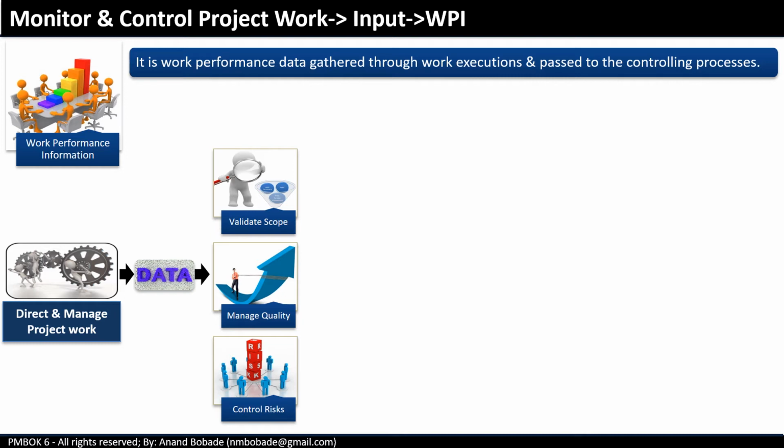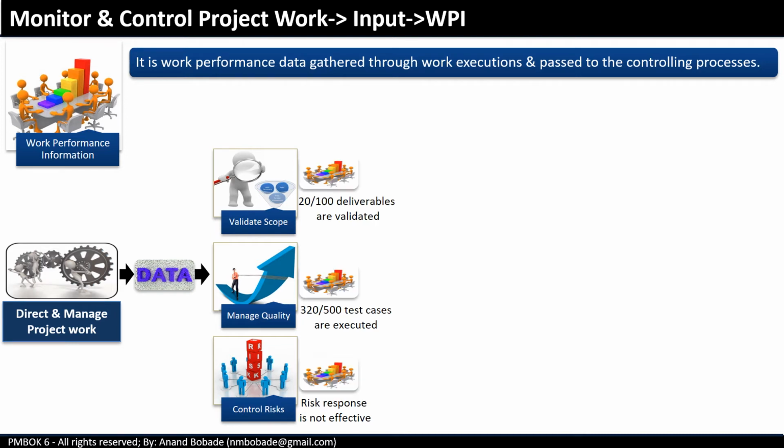In this example, validate scope, manage quality, and control risk are all controlling processes. Data in itself cannot be used in a decision-making process. So work performance data is compared with the project management plan components, especially baselines and project documents, which indicate the project performance.